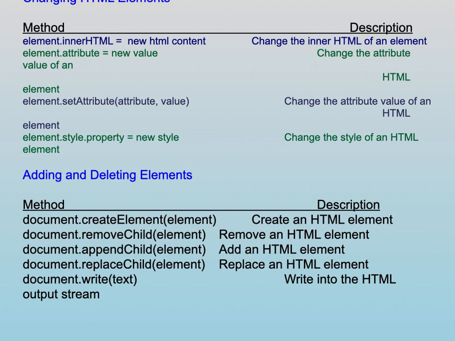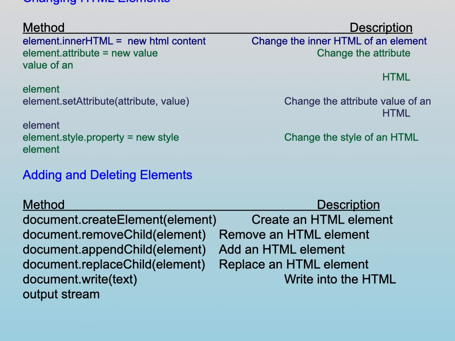Second example, element.attribute equal to new value. Change the attribute value of an HTML element. So here an HTML element's attribute value is being changed. element.setAttribute(attribute, value).